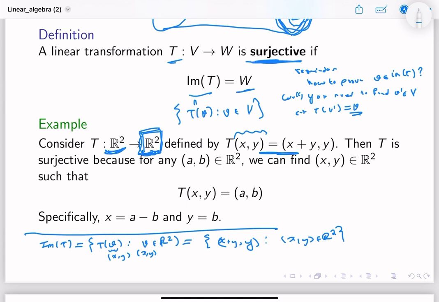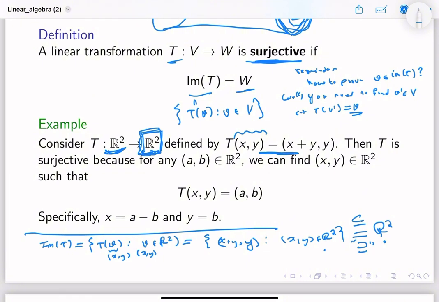Now the question is, is this equal to R2? Well, we know that the image is always a subset of the codomain. So the only question here is whether or not this containment is true. In other words, the only question is whether there is an element in R2 that is not contained here.